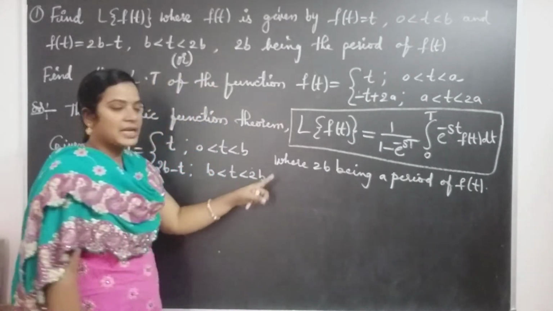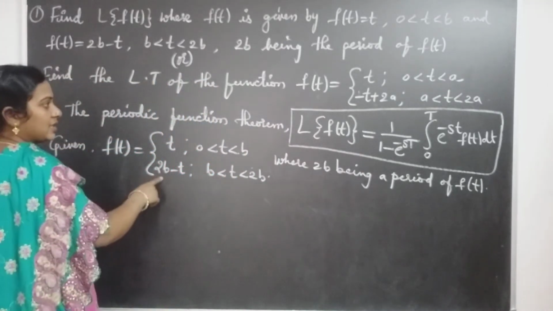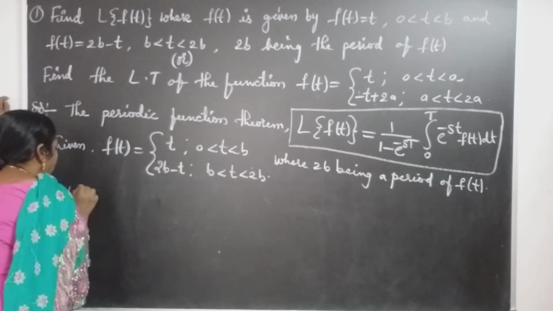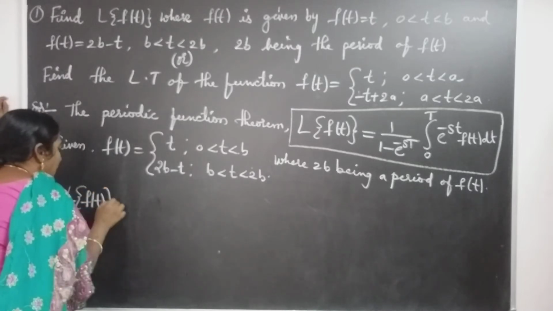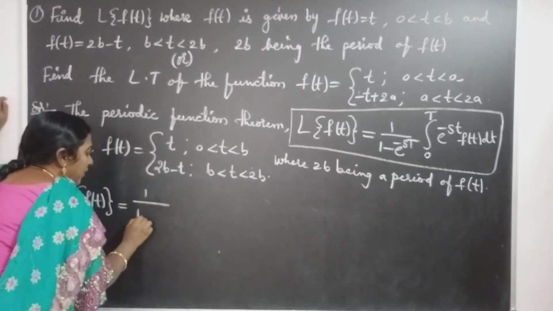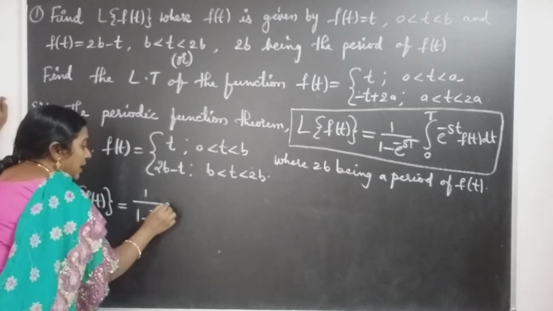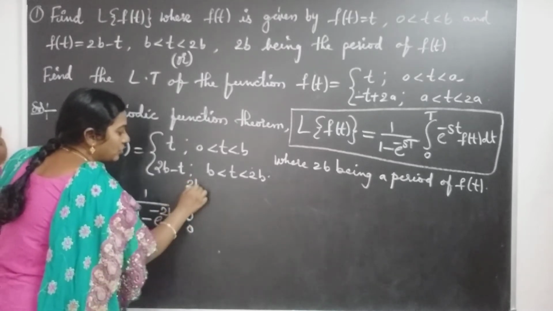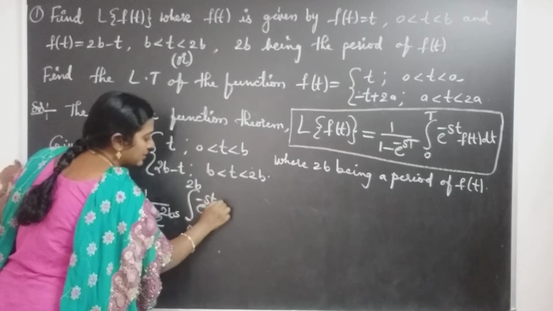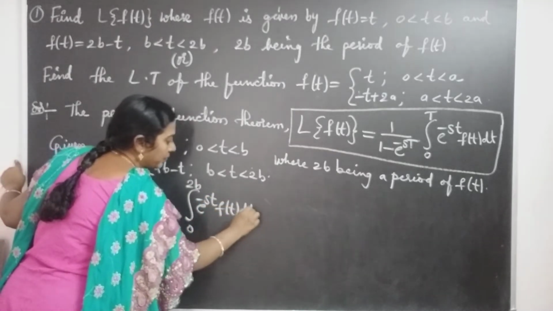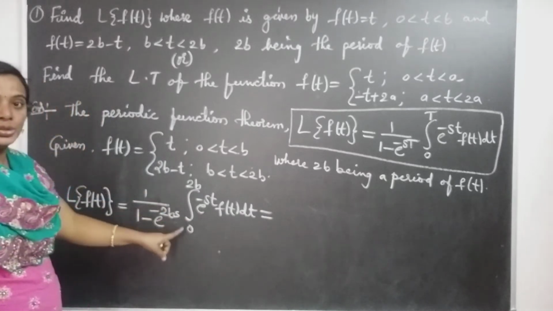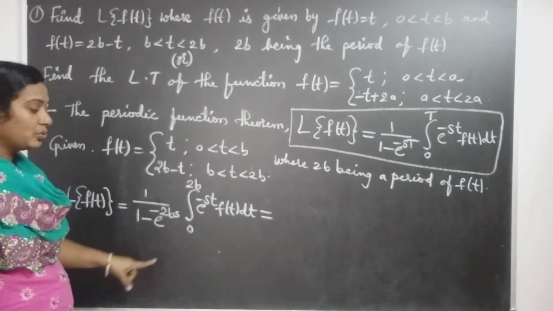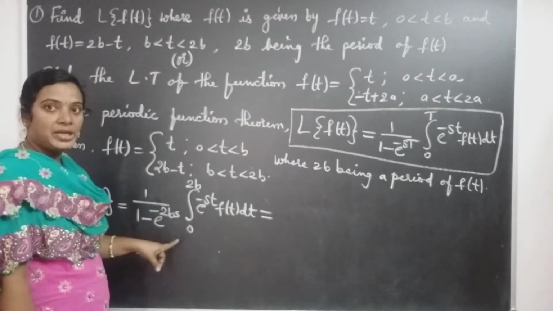That is, capital T is equal to 2b. Applying this in the theorem statement, L of f of t is equal to 1 by 1 minus e power minus 2bs times the integral from 0 to 2b of e power minus st f of t dt. But the function is divided into two partitions, so the integral can be separated into two parts, from 0 to b and b to 2b.